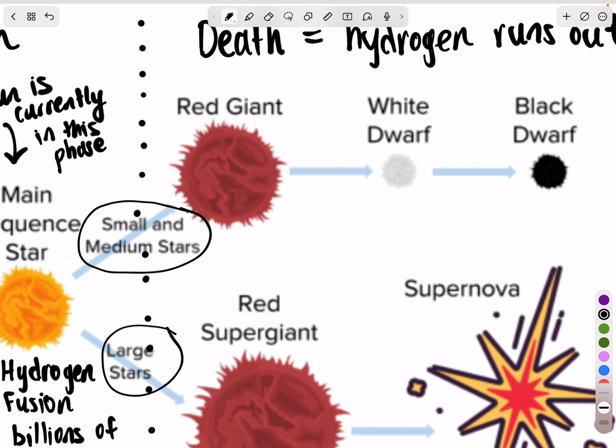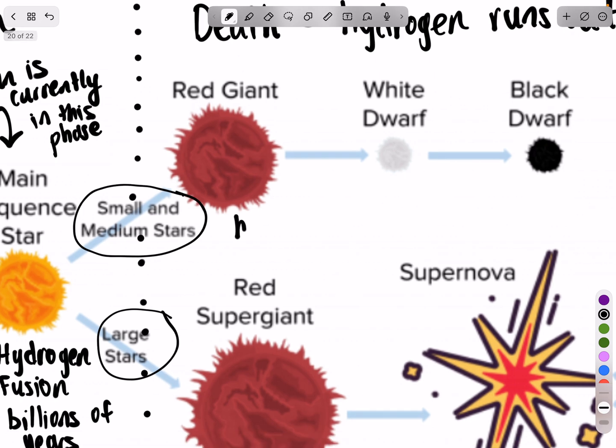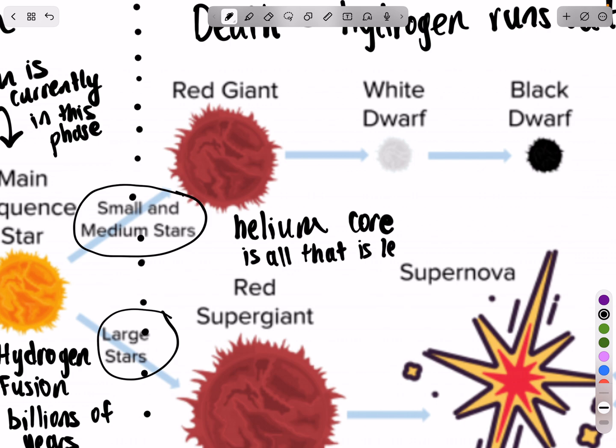As the hydrogen starts to run out, the helium core begins to get very, very hot. And the helium core is all that is left over. And that's that red giant.